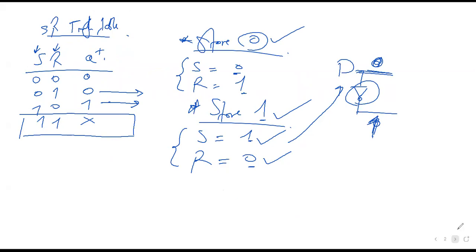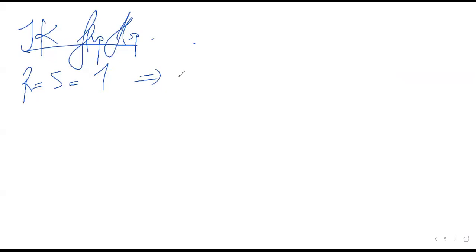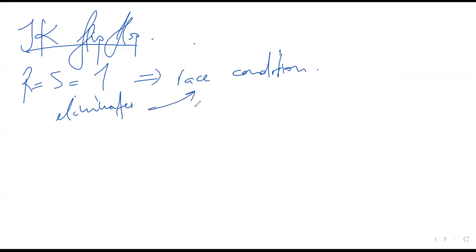We have what we call the race condition. That illegality is what we call the race condition. Now, what the JK flip-flop does is it eliminates the race condition.